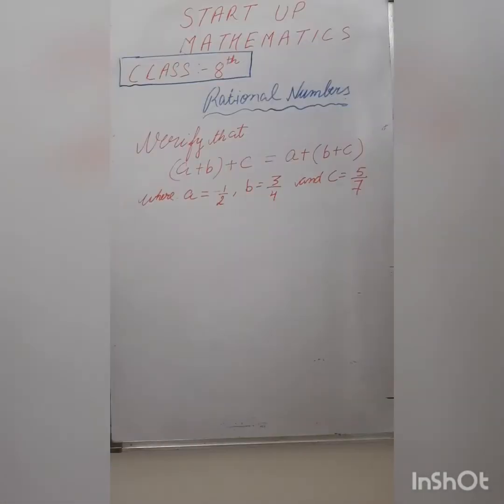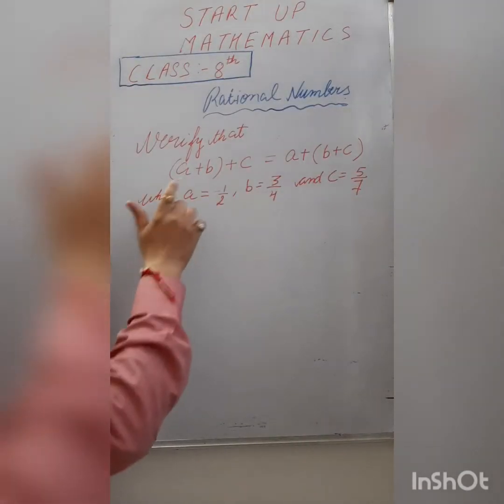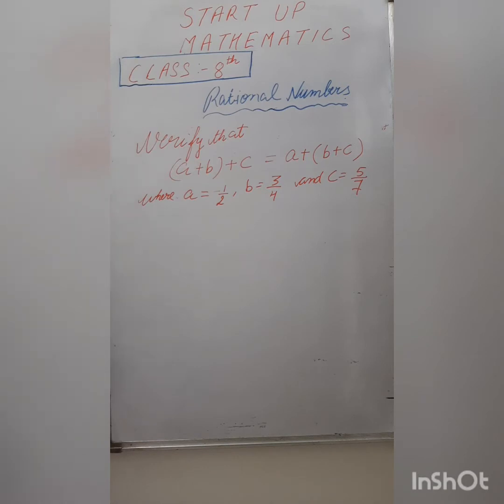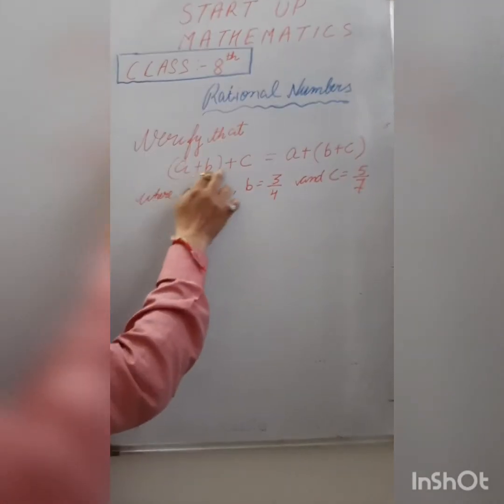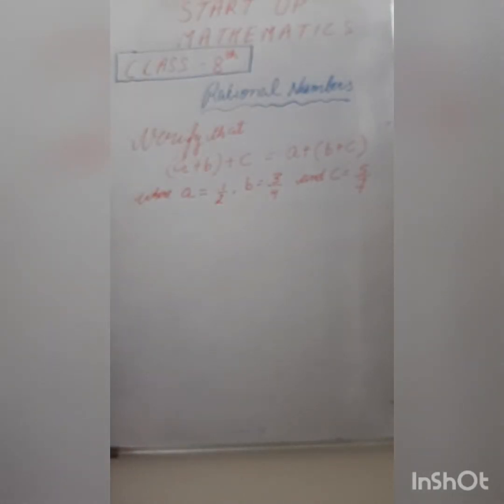What type of property is it? This type of property is the associative property. We have three rational numbers here. While adding three rational numbers, they can be grouped in any order.